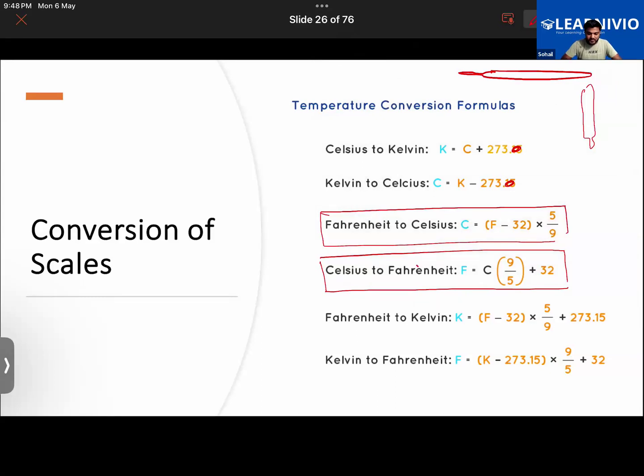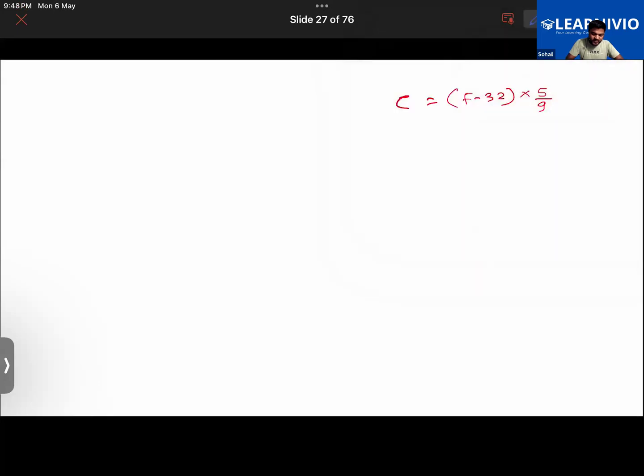To convert from Fahrenheit to Celsius, whatever value is given in Fahrenheit, subtract 32 from it and multiply it by 5 upon 9. The formula is C equals F minus 32 multiplied by 5 upon 9. You use this formula when you have to convert the value from Fahrenheit to Celsius.